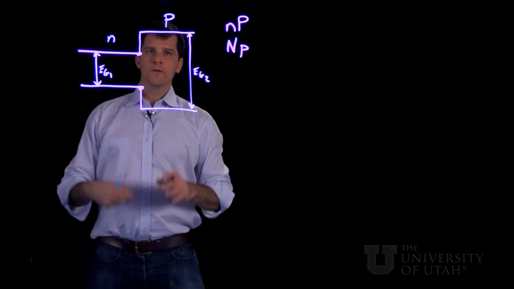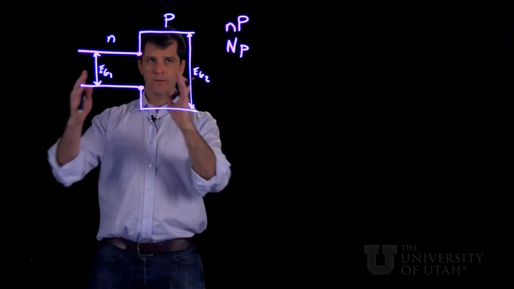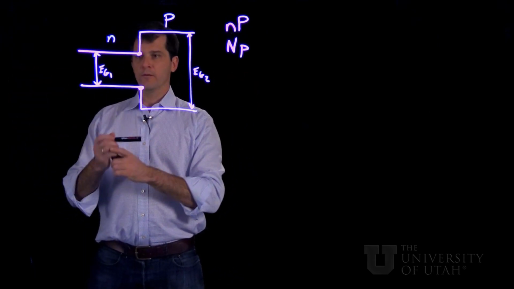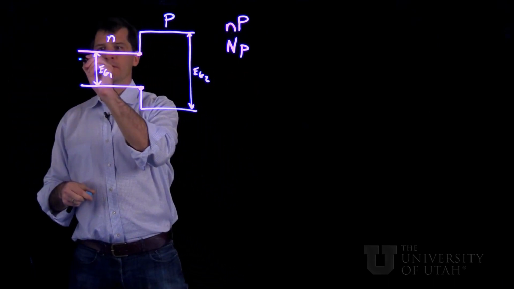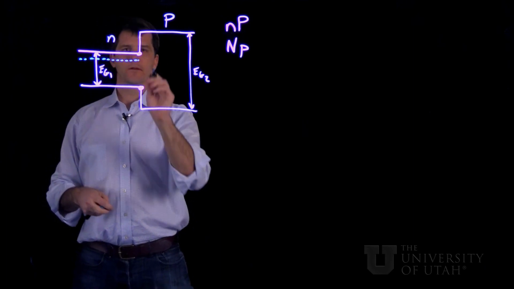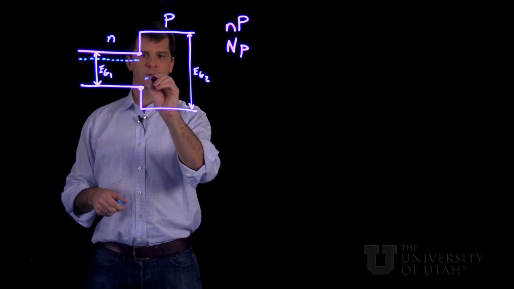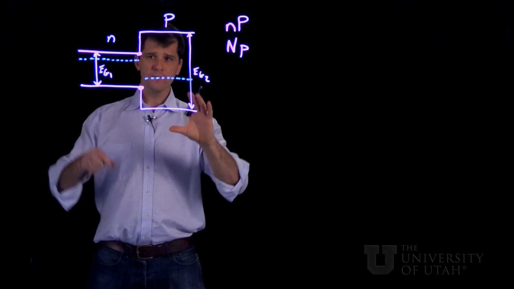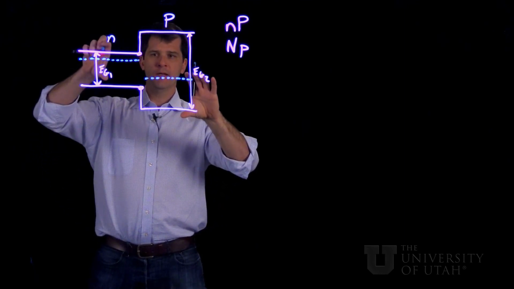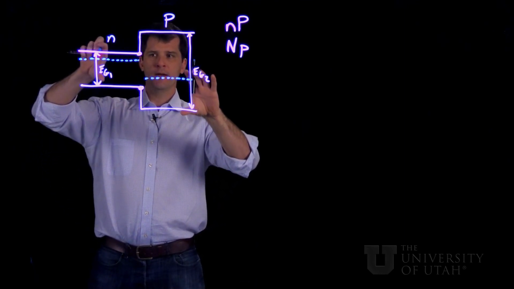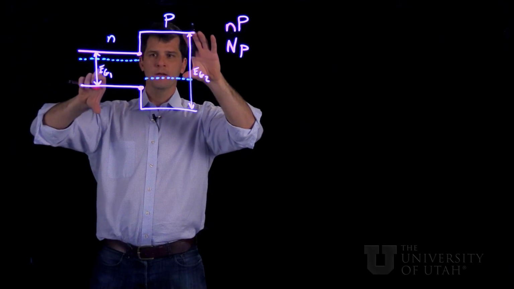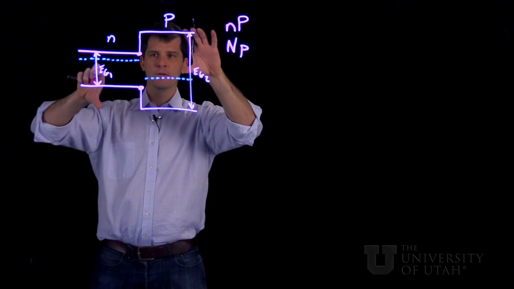So what's going to happen when we put these materials together? Let's look where the Fermi levels are first. So the Fermi level on this one is here, and the Fermi level on this one is here. So to bring them into alignment, we know that we're going to have band bending that satisfies the movement of the two Fermi levels like this.